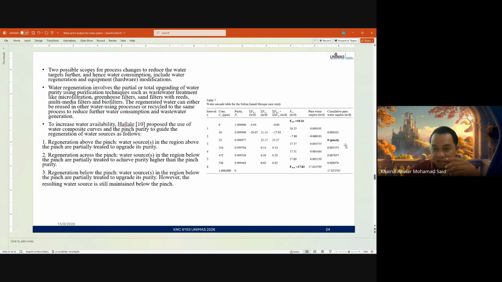So water sources in this case, how many are there? There are only two. This one, 1, 11.13. This is referred to as... rainwater, like this.